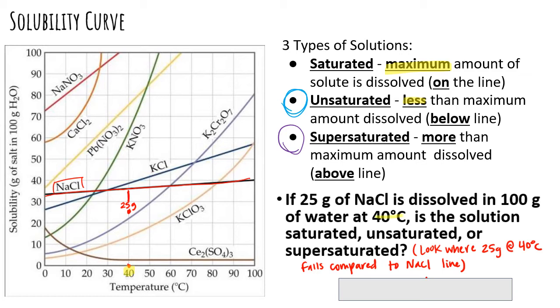We are going to the sodium chloride line, and then we are going to 25 grams. So we look here, 25 grams at 40 degrees falls below the sodium chloride line. And so this particular amount would be an unsaturated solution. We would be able to add more sodium chloride, and that more sodium chloride would dissolve.